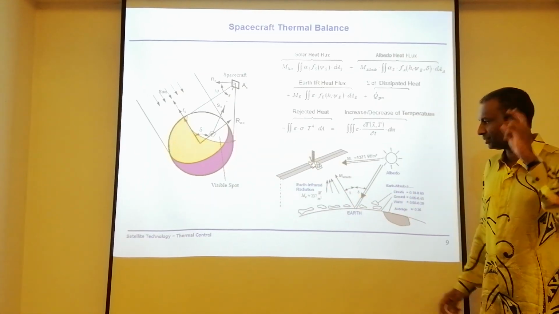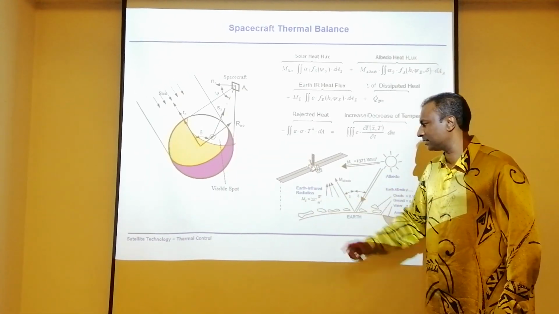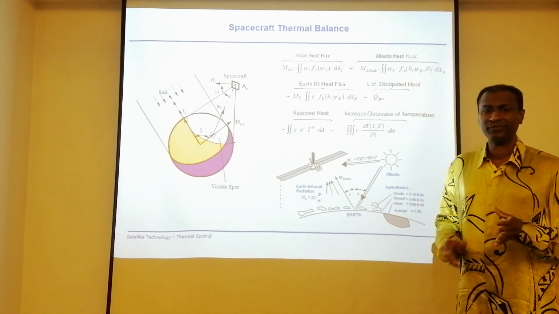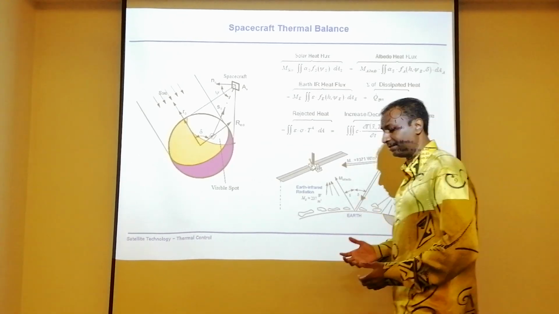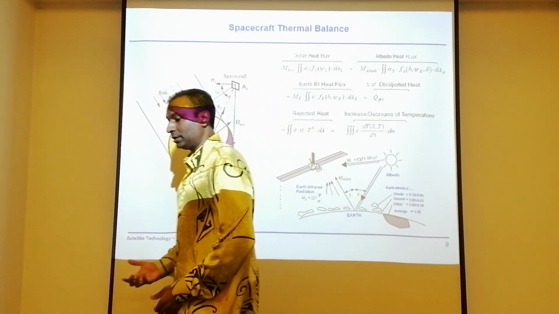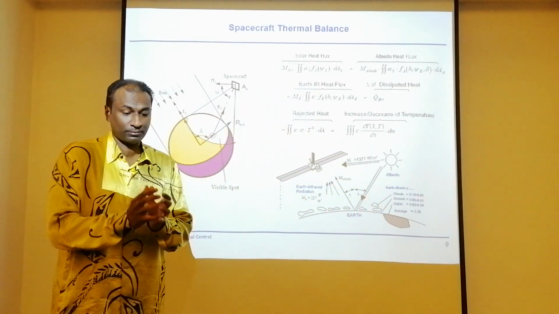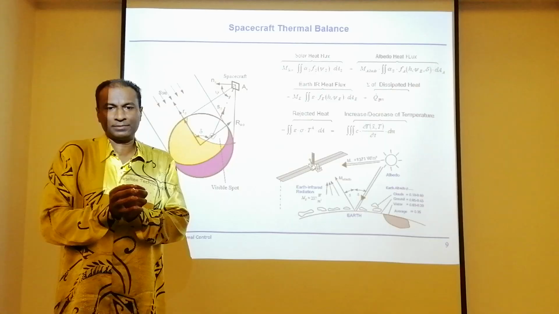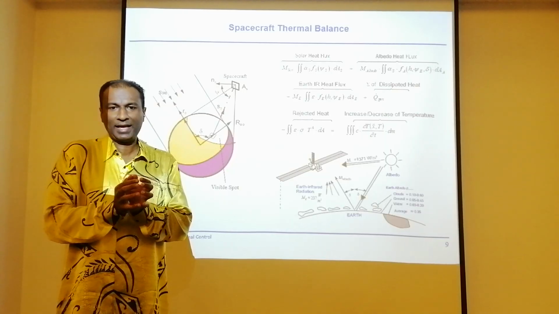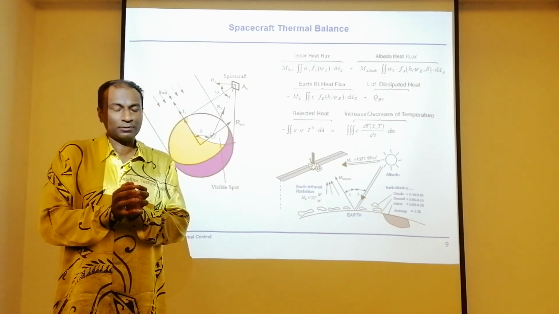Two sources. The third one is Earth infrared. Now, Earth infrared, the name itself is Earth infrared. So Earth infrared comes from the infrared heat that planet Earth has.